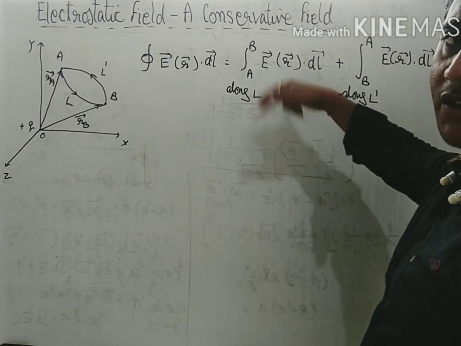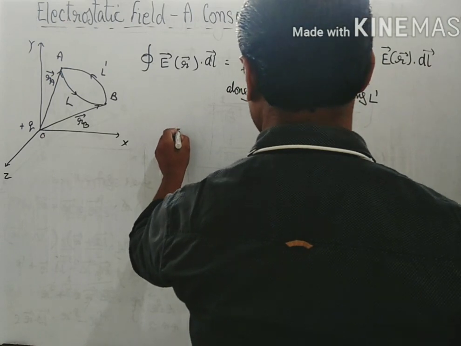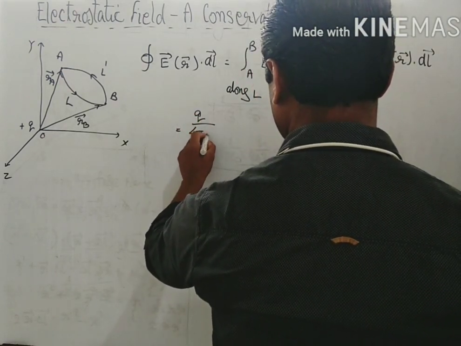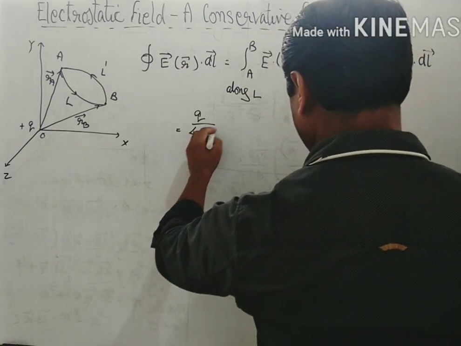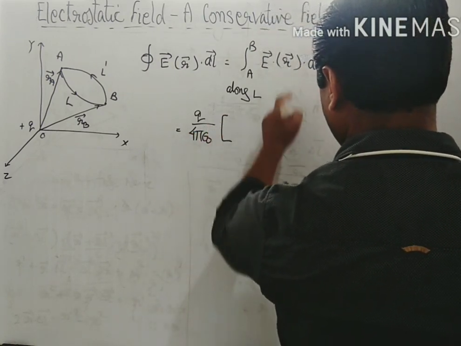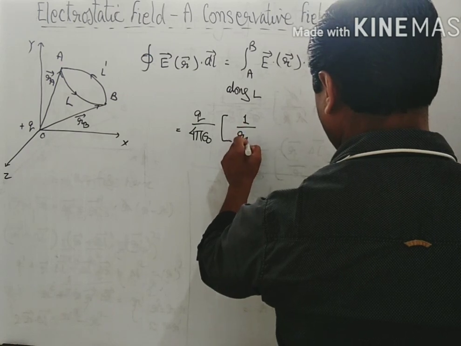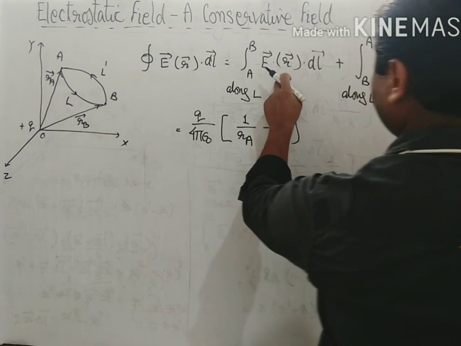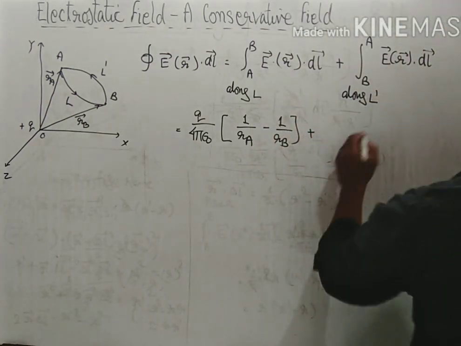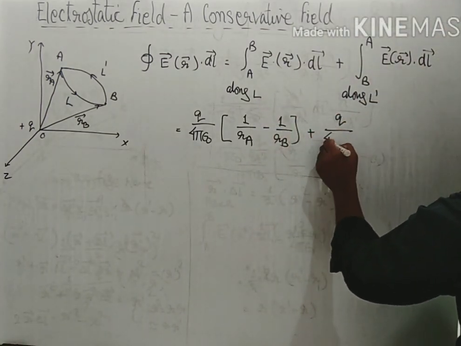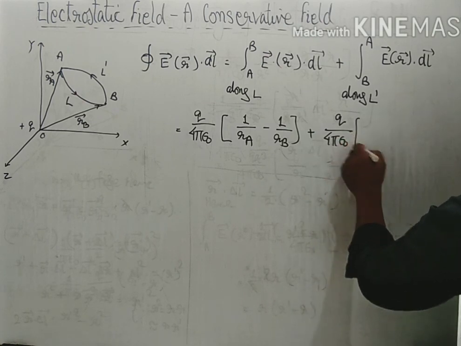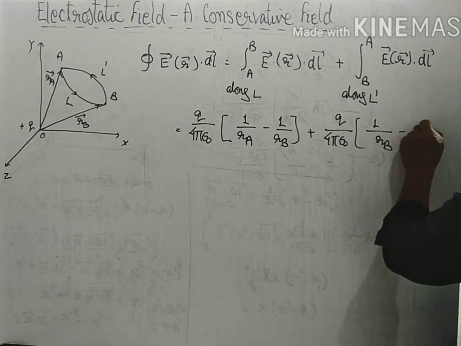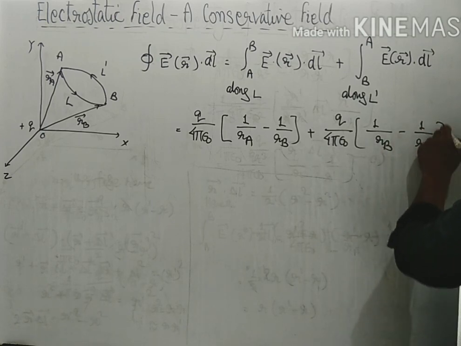Now these values we have just seen in the previous topic. We directly write Q upon 4 pi epsilon naught. This will be the common term, and inside you will have 1 upon RA minus 1 upon RB for this term, plus here also you will have Q upon 4 pi epsilon naught into 1 upon RB minus 1 upon RA.